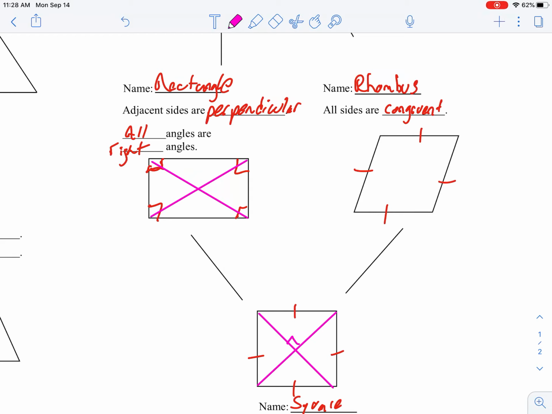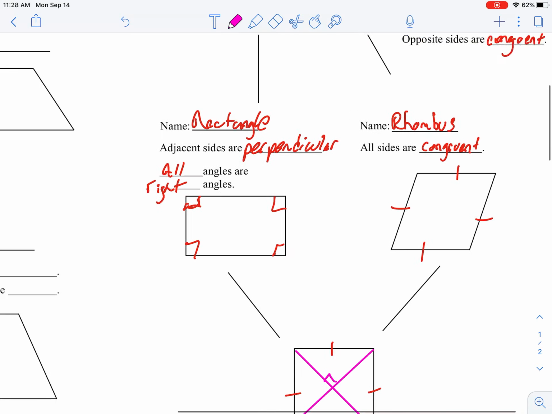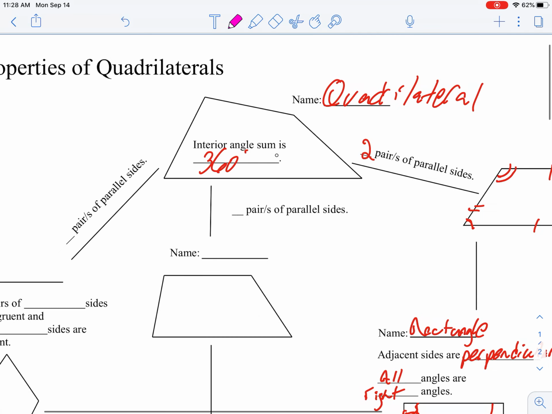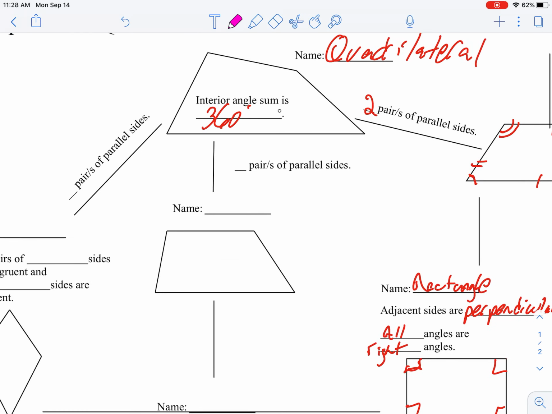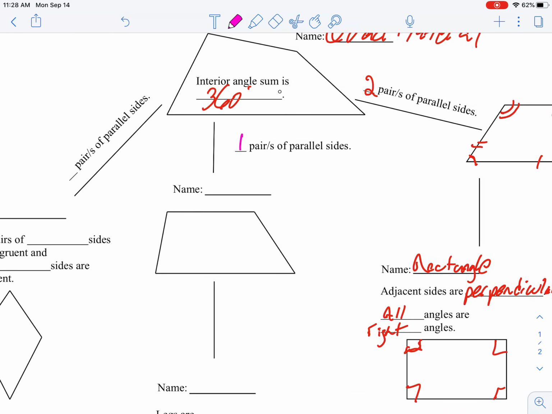I don't know. That's a different question. The diagonals in a rectangle are congruent to one another, and they also cut each other in half. We call, in just a little bit of time, they bisect one another. So anyway, we'll talk more about that down the road, but those are random things about a rectangle, rhombus, and square.